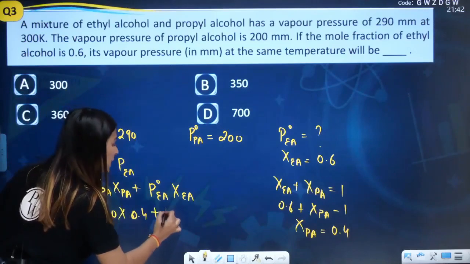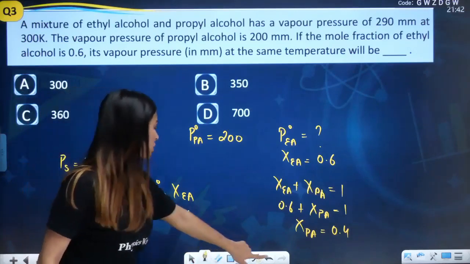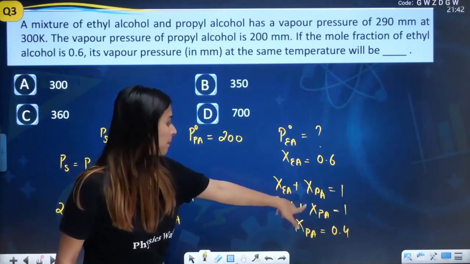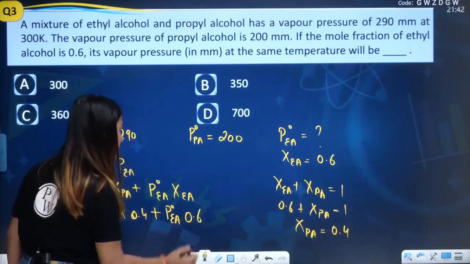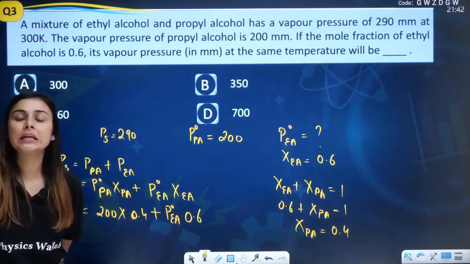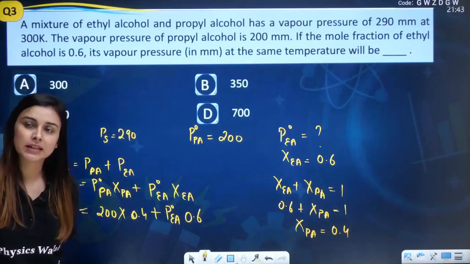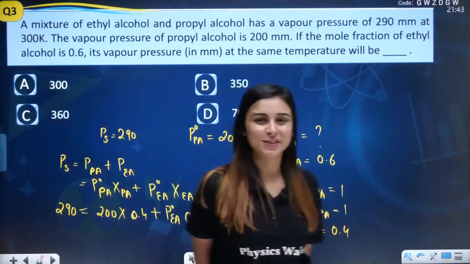Plus, PE naught, you don't know, you need to calculate. Do you know the mole fraction of ethyl alcohol? It was given to be 0.6. So this is 0.6. You just have to solve this and you will get the value of PE naught, right? Yes. So just calculate it and take the correct answer.